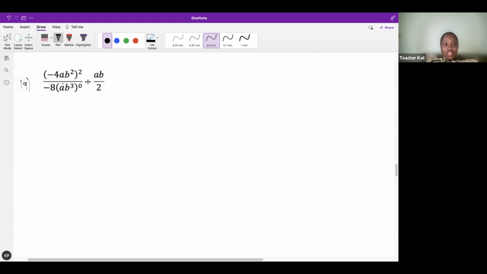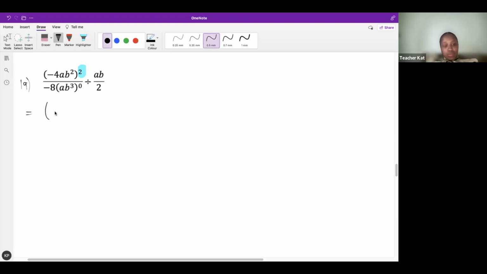Okay, so inside the brackets, is there anything I can simplify here? No. So let's start with my exponents. What are we going to do with these? It's actually the one at the top. Distribute, okay.